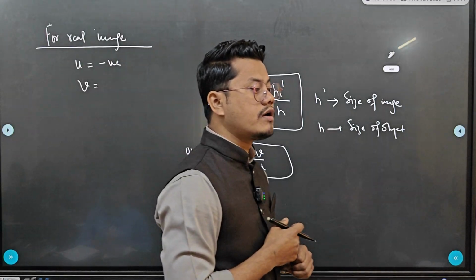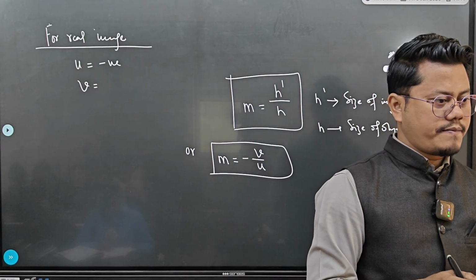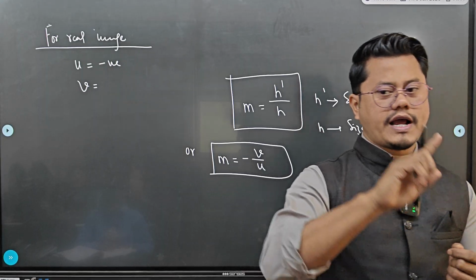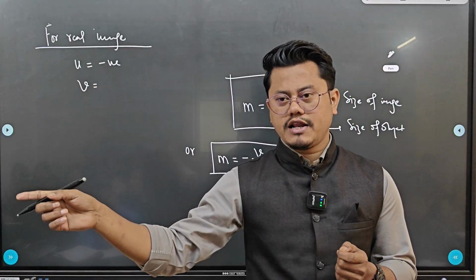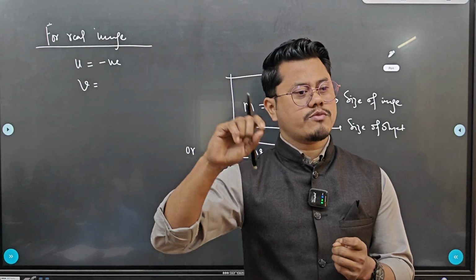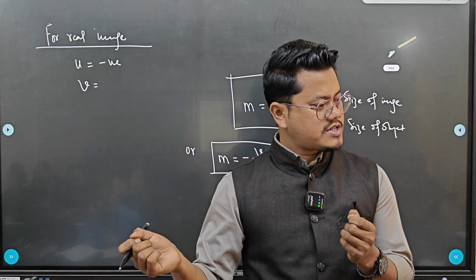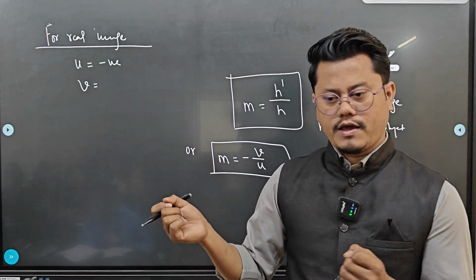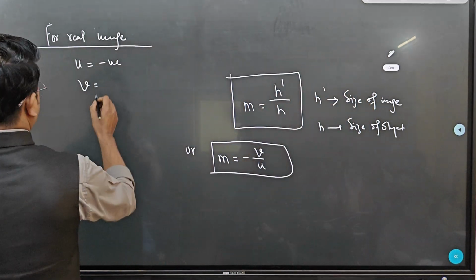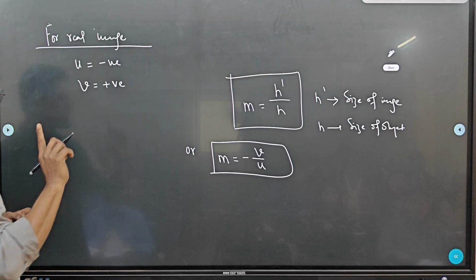It should be plus. Very good. Why? I told you already yesterday. If the image is formed towards the right hand side of the lens, it is always a real image. Got it or not? And when we calculate the image distance, it becomes positive according to the sign convention, right? So V is positive for real image in case of lens.